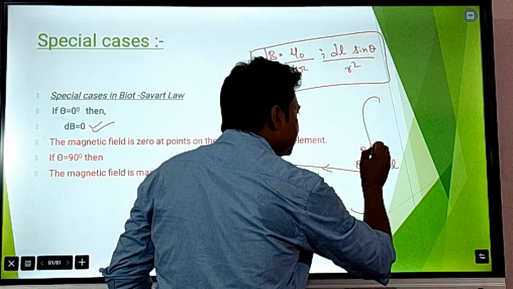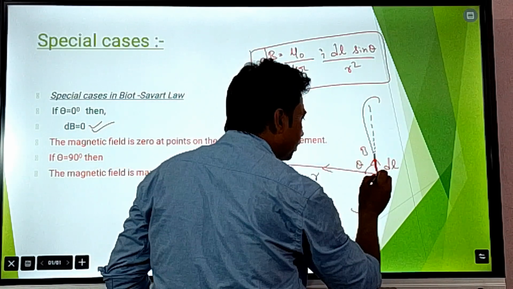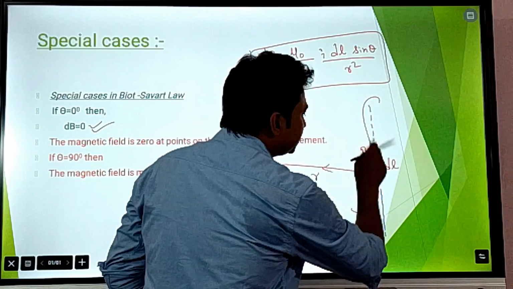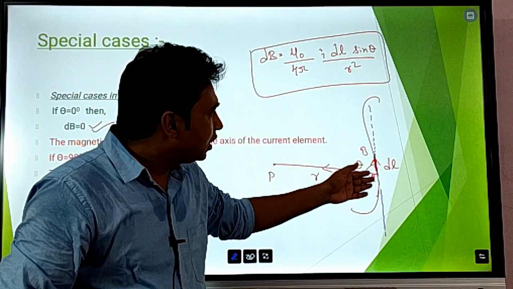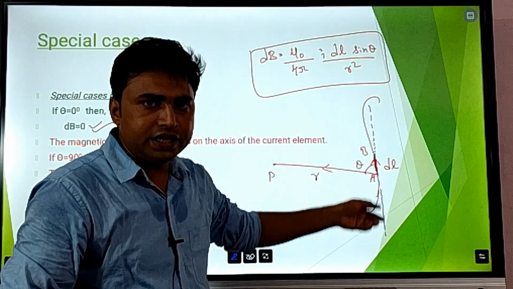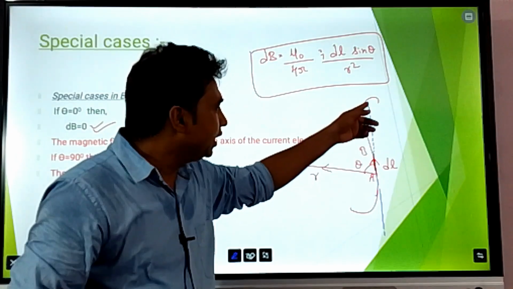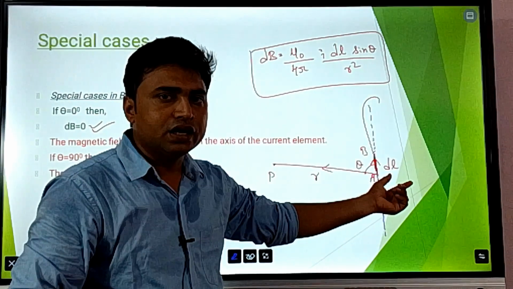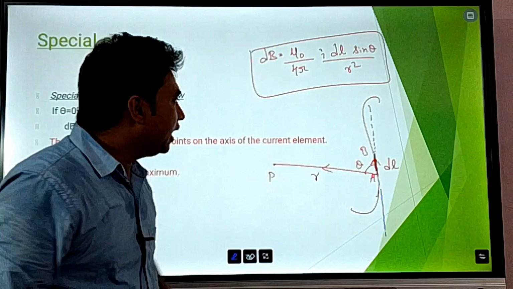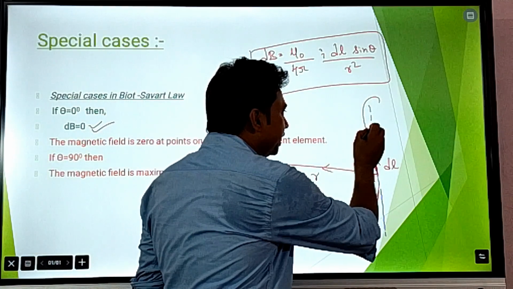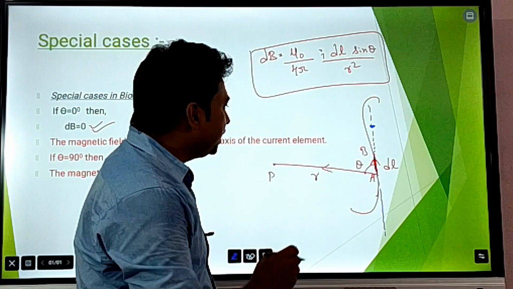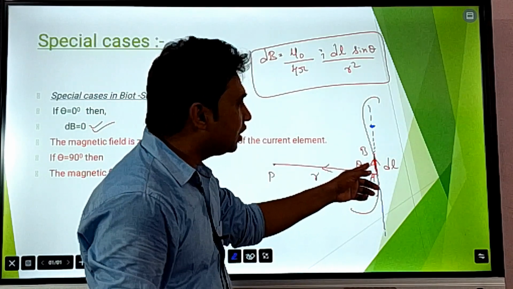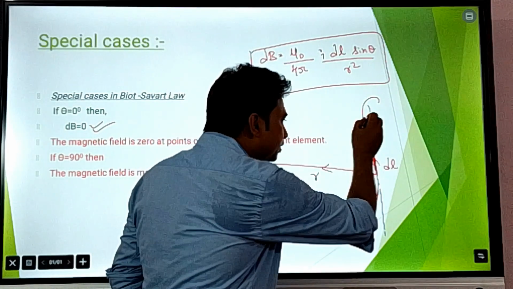This is the axis of the dl, meaning draw a straight line containing the dl. So this blue line indicates the axis of the dl. If our point P lies on this axis of the dl, then the value of theta comes out to be 0, because it is lying on this line.